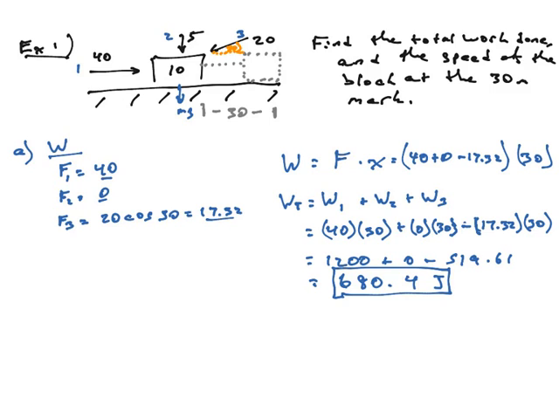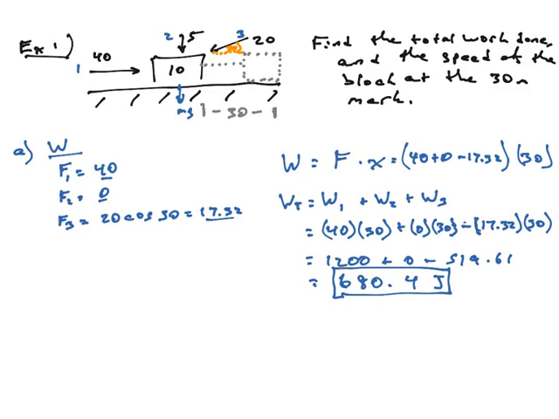I've found a lot of people like thinking about the total work. You just add the individual works together. It makes the numbers easy. And it makes knowing when do you say positive, when do you say negative okay. But if you like adding all the forces together first and then multiplying by the distance, you could do that too. You just have to be careful about your negatives. Anyway, part A is done.